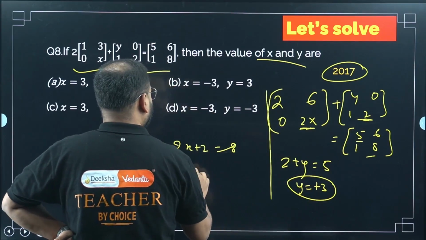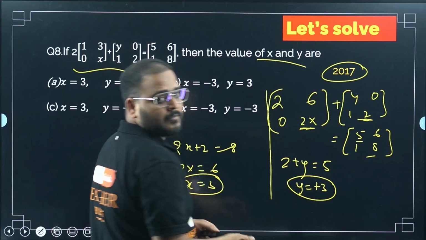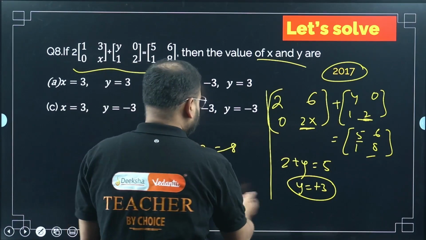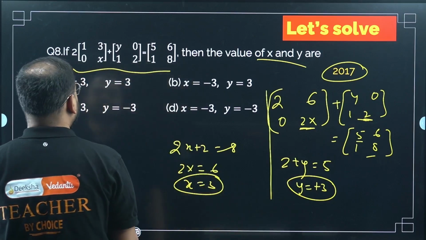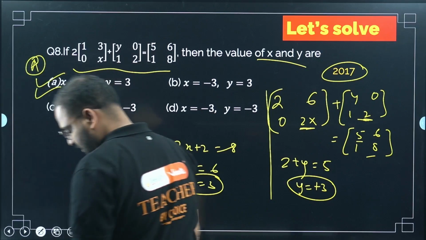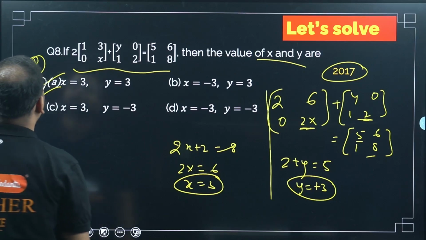What am I getting? 2x equals 6. So x equals what? 3 again. Please check here. 2 will go on that side and become 6. So the answer is x equals 3, y equals 3. Which is the correct option? Option A is correct. Please check here. x equals 3, y equals 3. Let's move on to the next one.